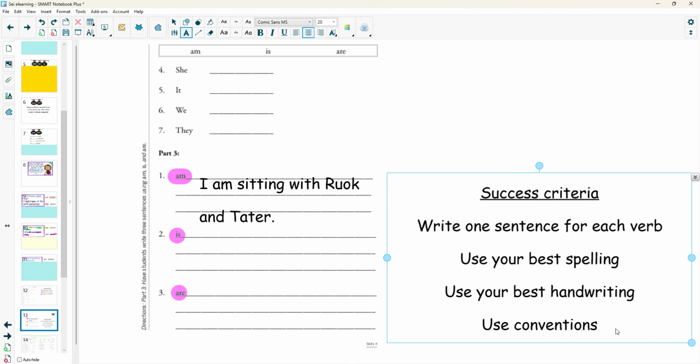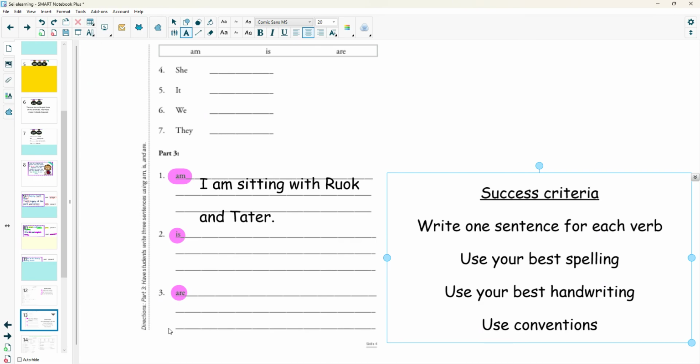And use my convention. So do I have an uppercase letter at the beginning? I do. Rook has an uppercase letter. Tater has an uppercase letter. And there's a period. So I have successfully completed my sentence for the word am. Now I'm going to go through and do a sentence for is and are.